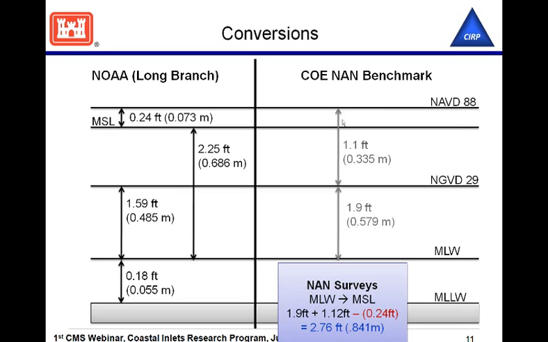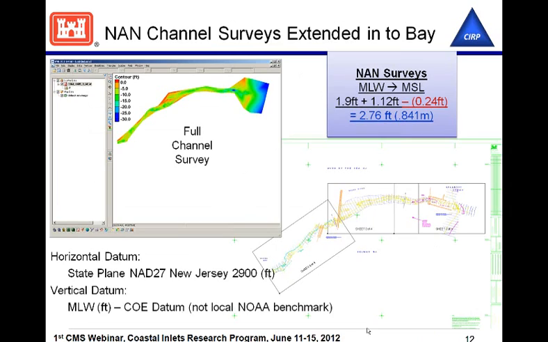And so we took that information and then we used the other benchmark sheet to remove the change from NAVD 88 back down to mean sea level. So we used a combination of these two sheets to get an answer that's appropriate. When we did that, we ended up with a conversion of 0.841 meters that had to be applied to the channel surveys, and I'll show how to do that in a few minutes.